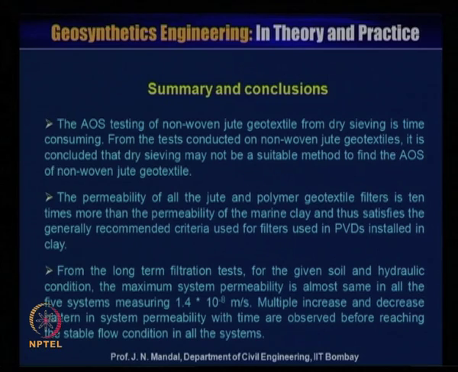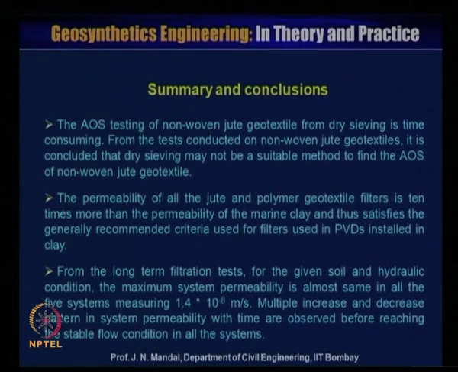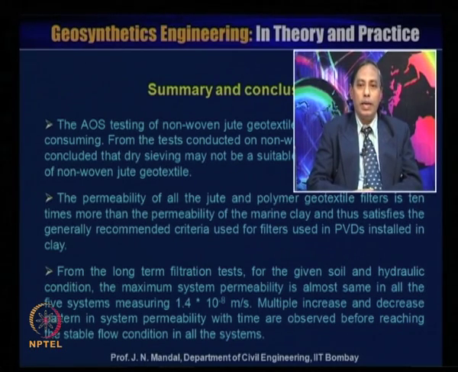The permeability of all the jute and polymer geotextile filters is 10 times more than the permeability of the marine clay, and thus satisfies the general recommended criteria used for filters in prefabricated vertical drains installed in clay.